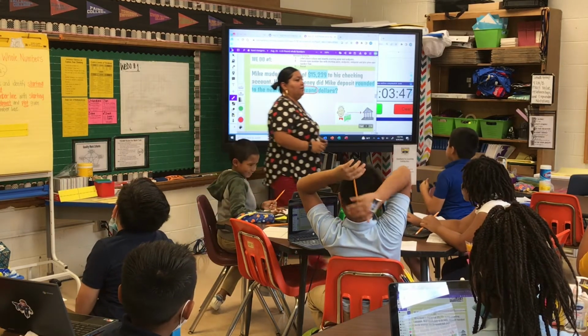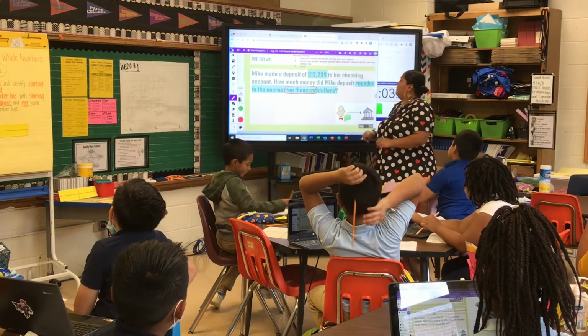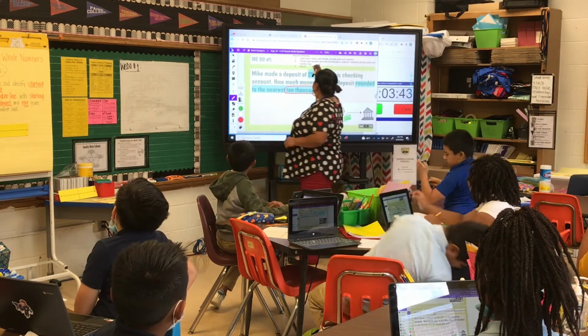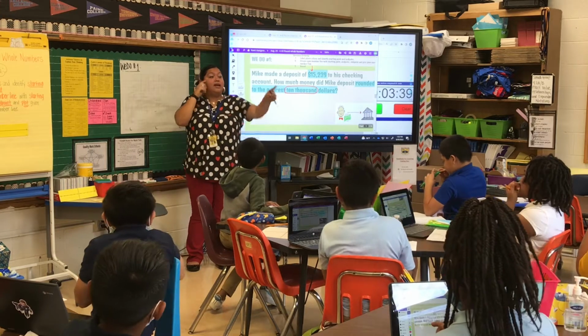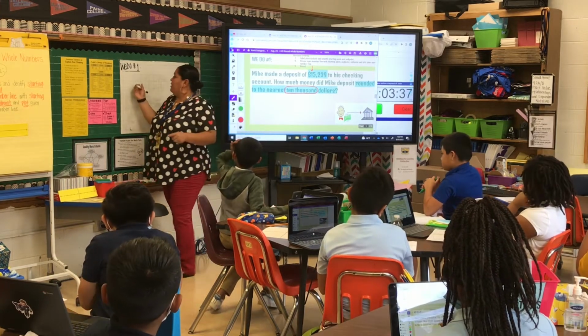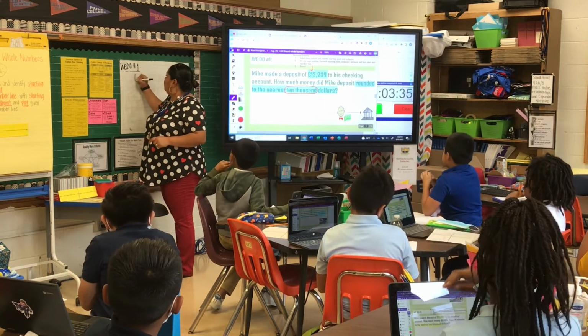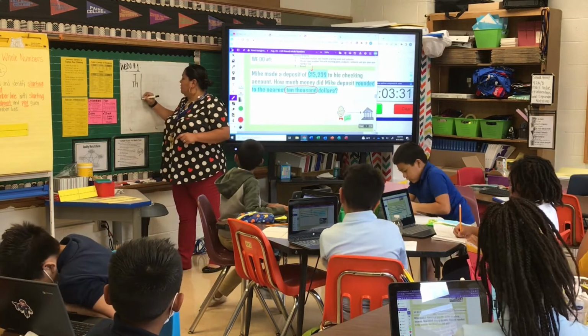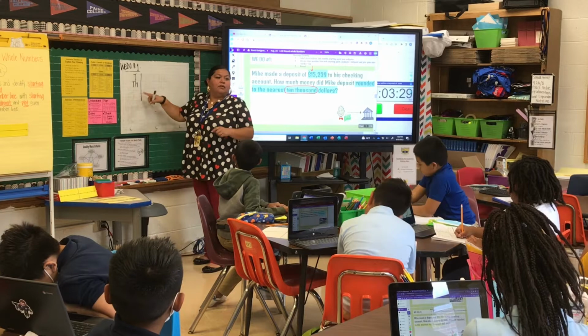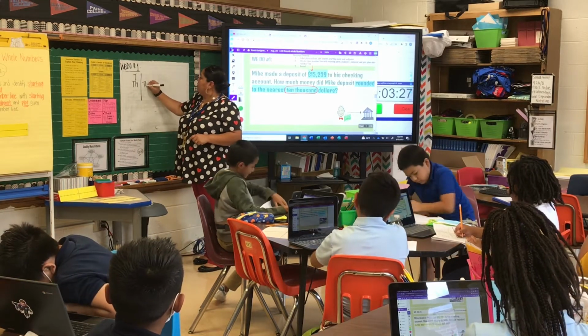Natalie. Draw my place value chart. What is my highest place value? 10,000. Thank you. I asked for the place value, not the value. All right, so I'm going to start off with 10,000. What's next? 1,000. Don't forget your comma.